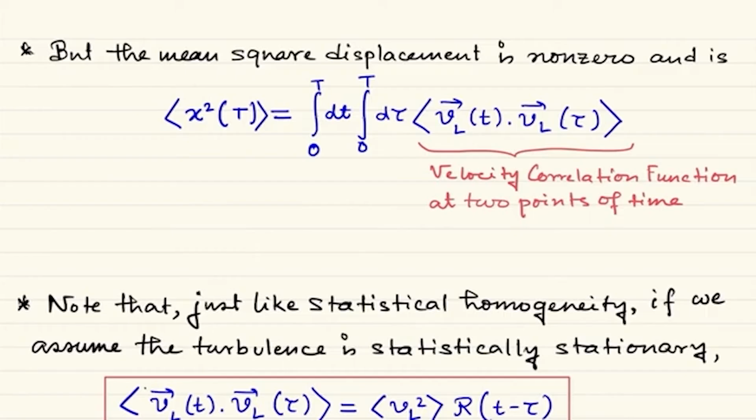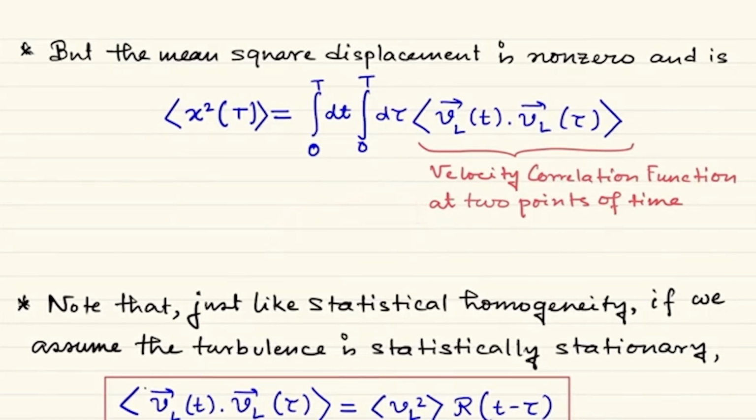So this is like you are just tracking a particle. The particle has a VL at some time instant small t, but at small t that particle is at, let's say, position x(t), and at some time tau the particle is at position x(tau).